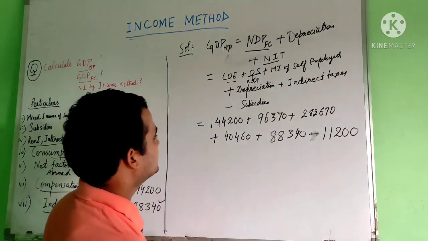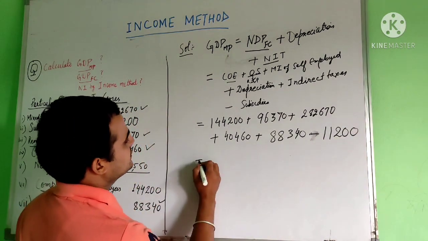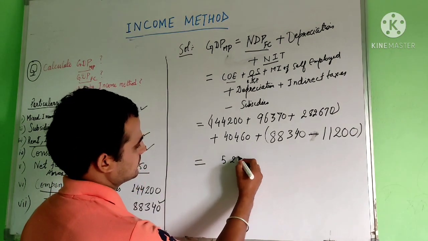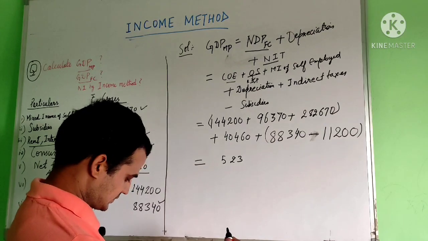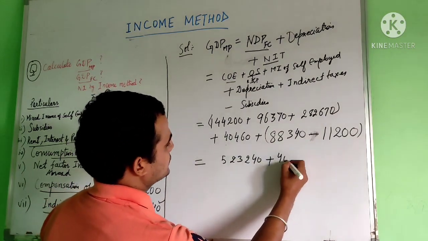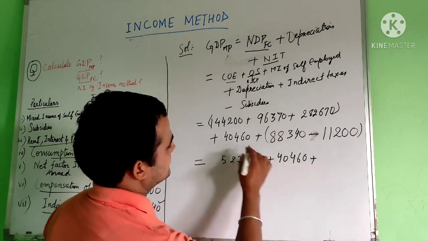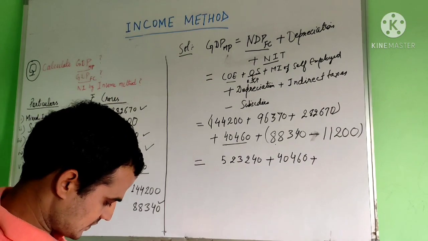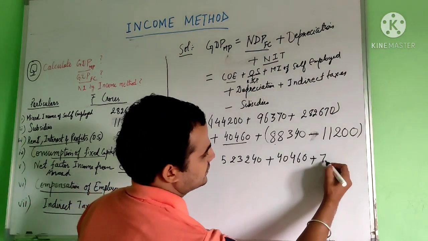Now by doing the simple calculation, 5,23,240 plus 40,460 as already given, and 88,340 minus 11,200 is 77,140.